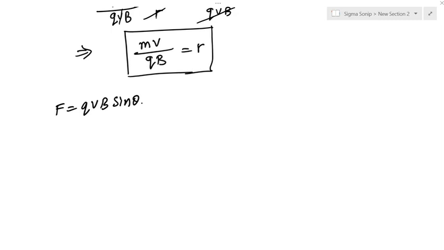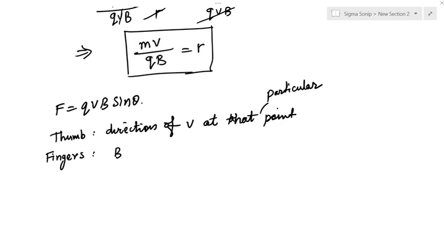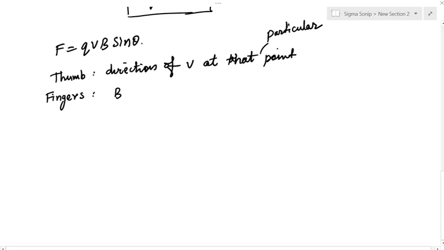So again, we follow the same rule, our right hand palm rule: the thumb gives you the direction of V at that particular point, the specific point we are talking about, because it will always be changing. And the fingers give you the direction of B, and then we know that perpendicular to the palm is the force on the charged particle. Okay, let's look at a few examples here.